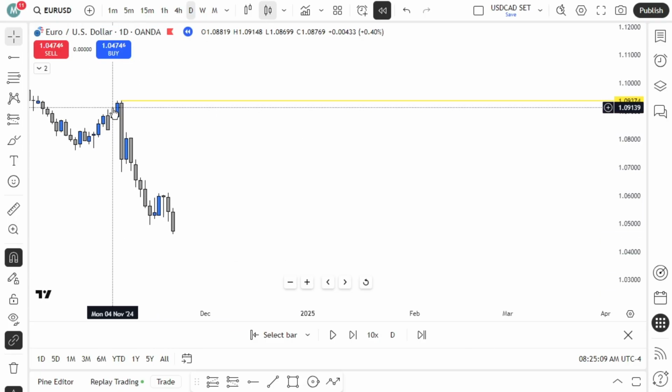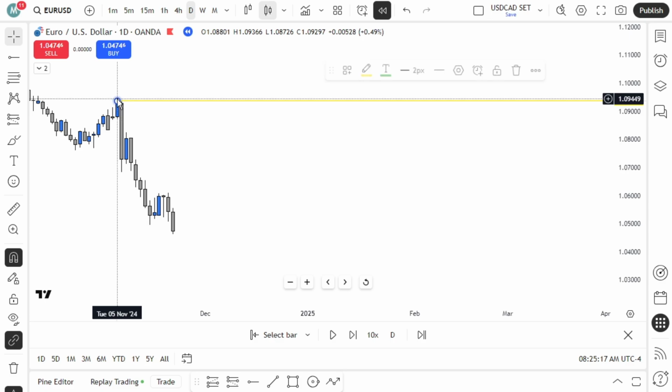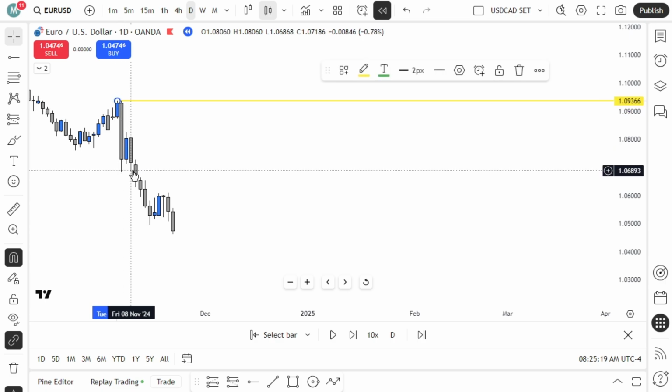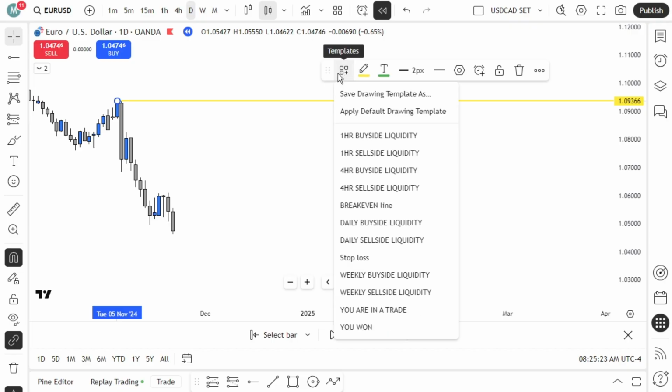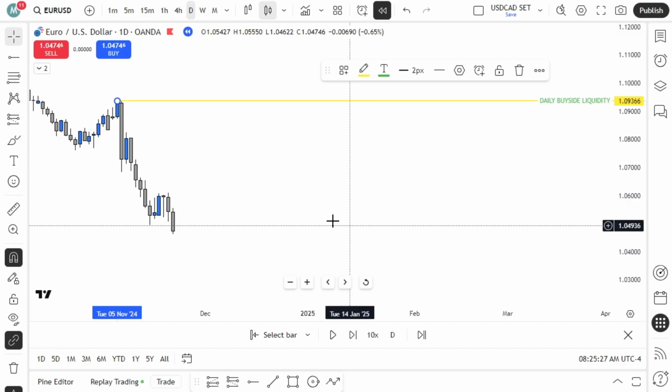You can see we have a lower high here, a high, and then a lower high here, making this the highest point price reached before it dropped, making this a high. And when we see a high or a swing high, we mark it as buy side liquidity.